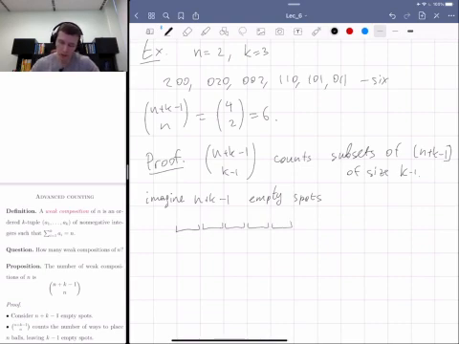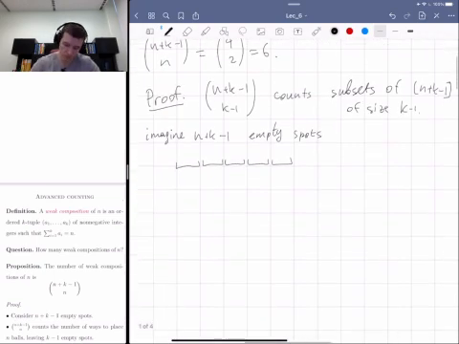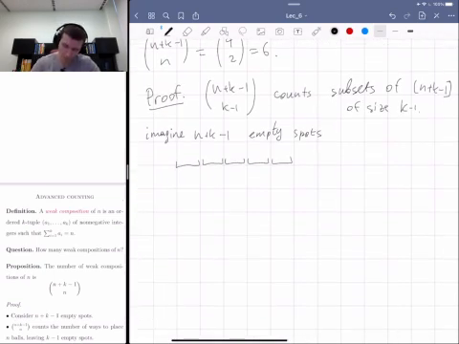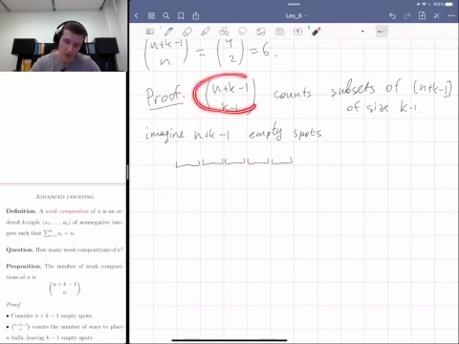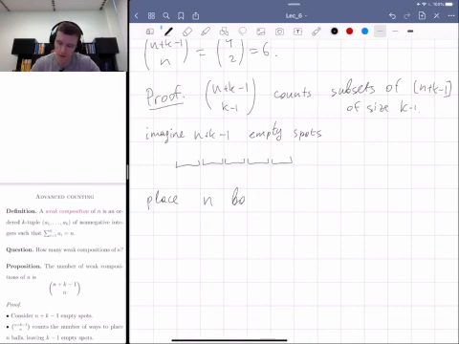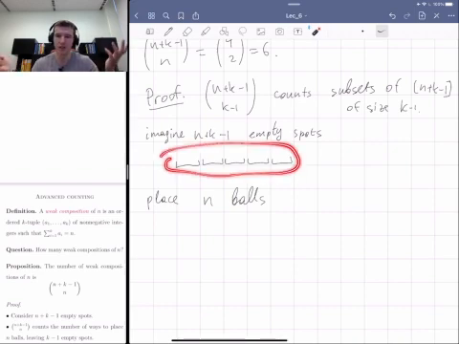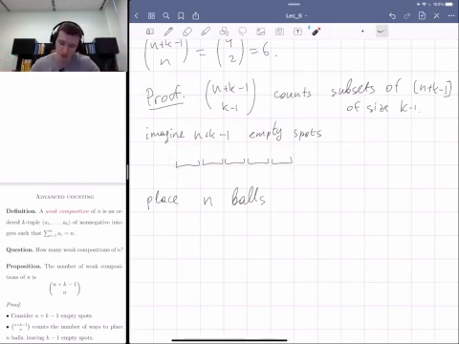Now, what my binomial coefficient is doing is telling me I'm going to place n balls into these empty spots. Each empty spot can contain at most 1 ball, so place n balls, leaving k minus 1 empty spots.